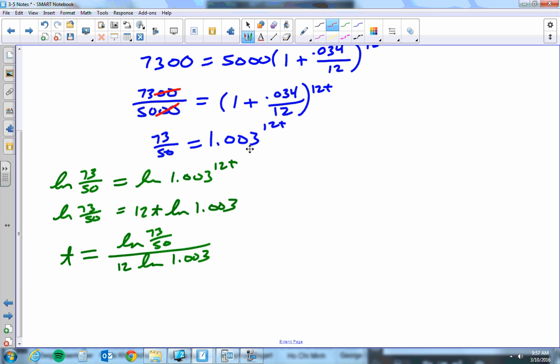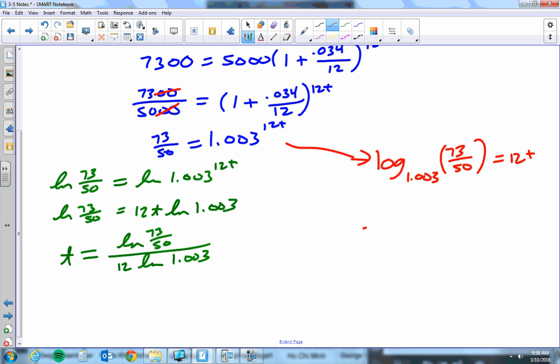Let me show you the other approach you could take. This really is just a power form. You could write it as a log. It'd be log base 1.003 of that fraction equals 12t. Now, before you do anything else, I want you to realize, if you wanted to type this in the calculator, you have to use change of base formula, right?